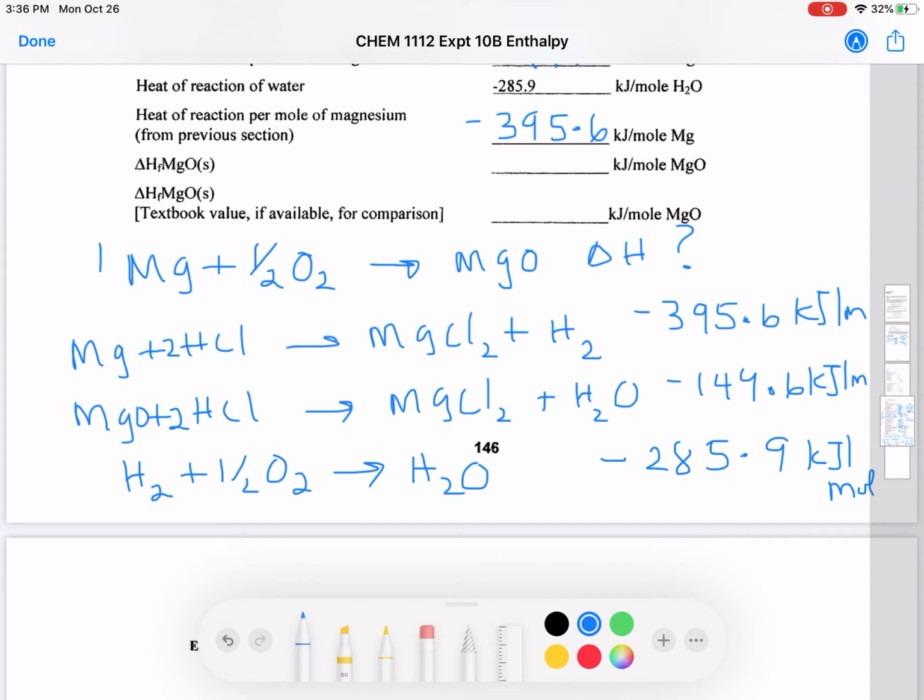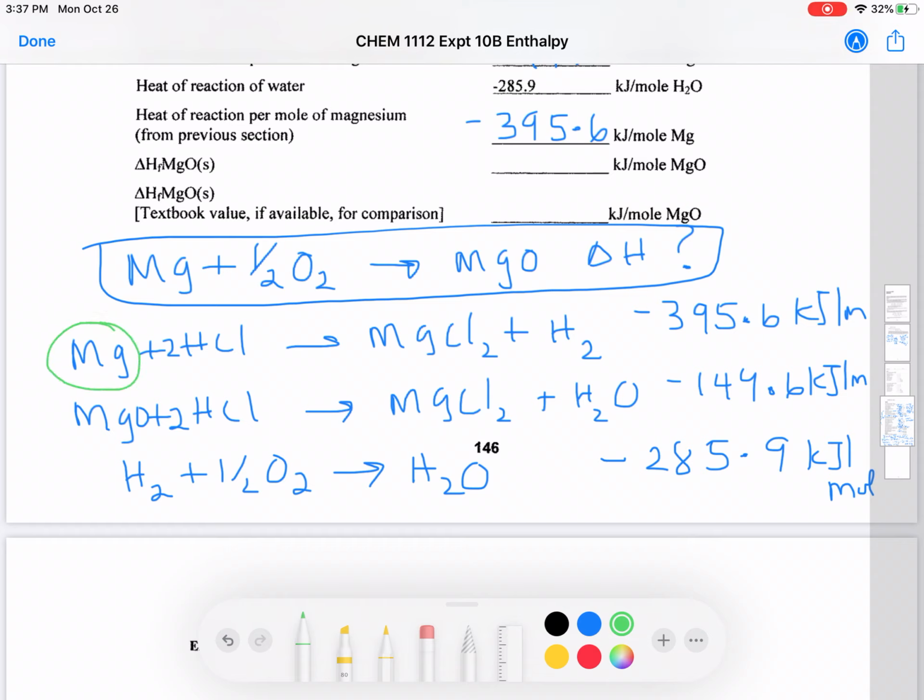What we want is, this is our target reaction. Now you can see we want magnesium to be in the left side. Magnesium oxide needs to be in the right side. Magnesium, we find it in this side. Magnesium oxide, magnesium. And then the magnesium oxide is in this side.